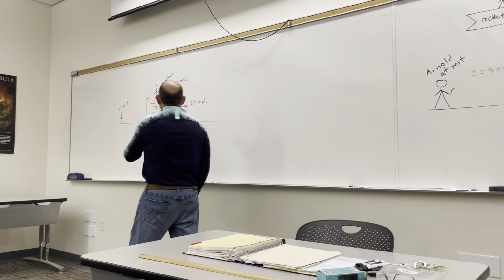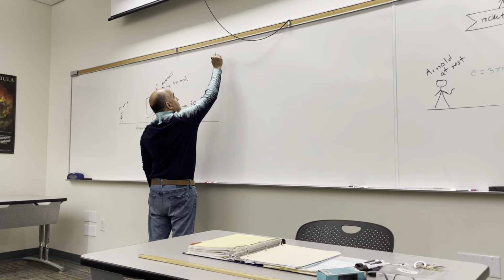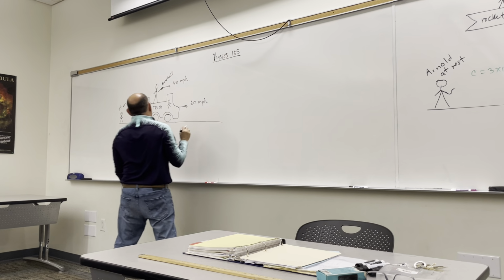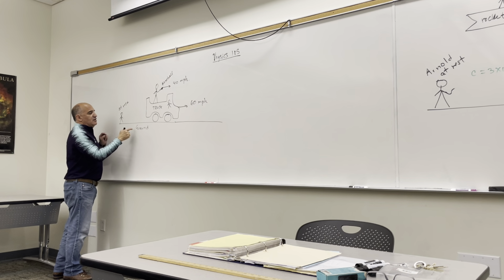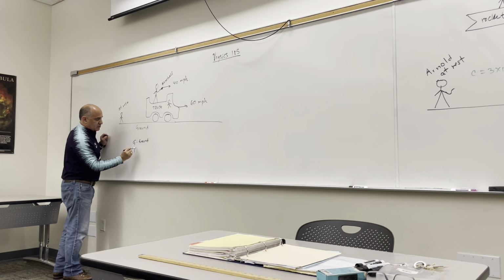So what you learn in Physics 185 is that in classical mechanics, you could say, let's say, the person is at rest on the ground. So use G for the ground, use T for the truck, and use B for the baseball.